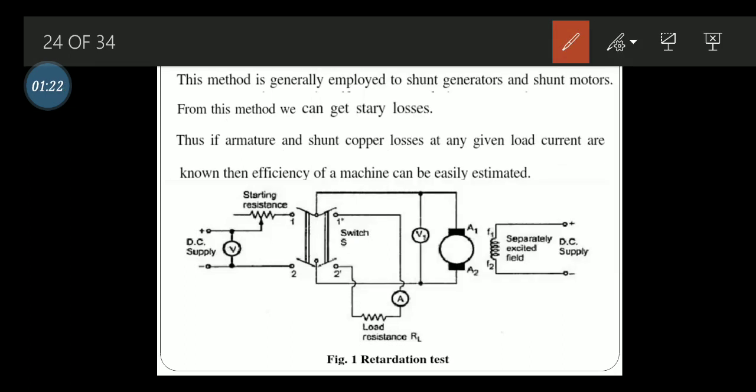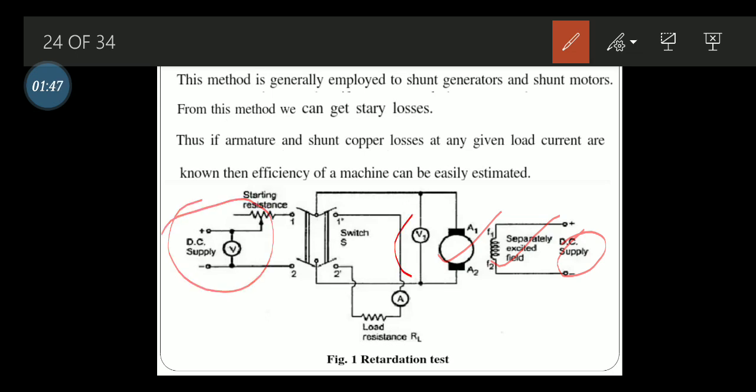Now here, the motor which is under test is a separately excited DC motor whose field winding is separately excited by a DC source, and the armature winding of the motor is coupled with the DC supply.